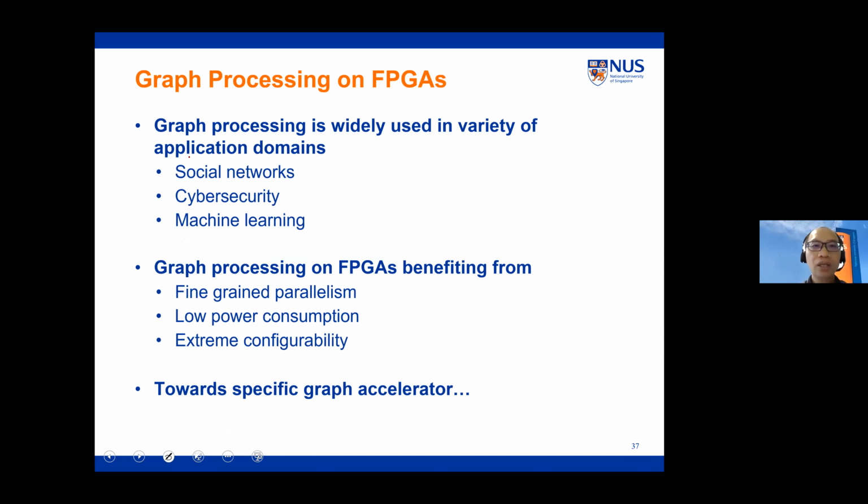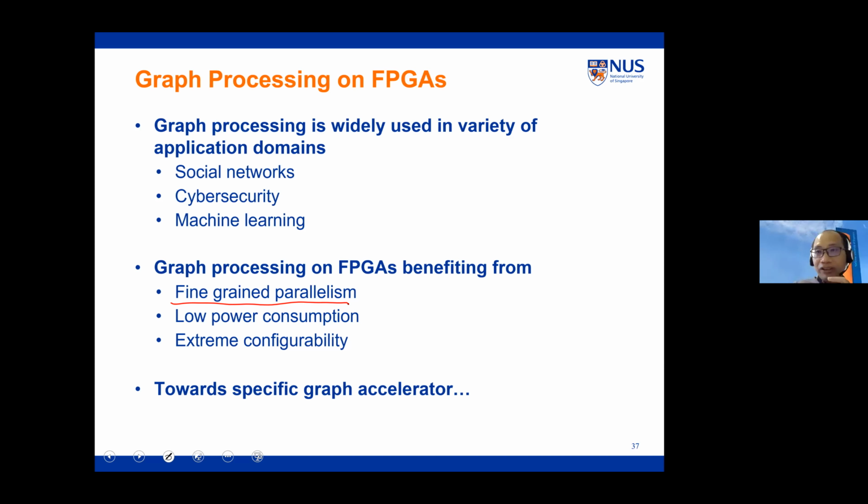So why do we want to do this? The motivation, of course, as I mentioned, is that graph processing is quite pervasive. On the other hand, we think this is a natural match, with pros and cons, okay? The match is fine-grained parallelism, because inherently the vertices and edges in a graph have very fine-grained parallelism, right?